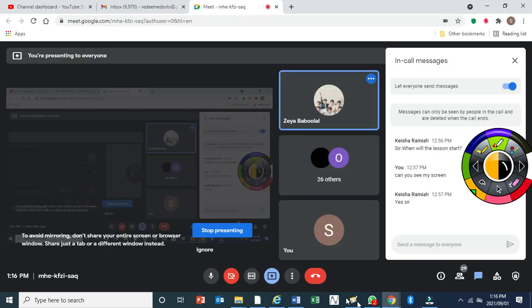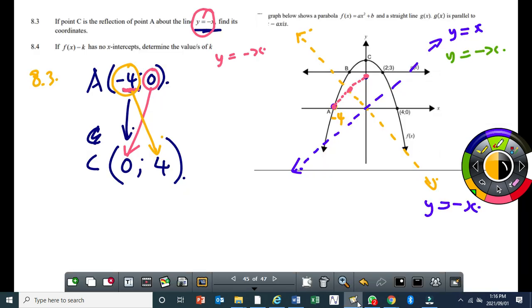All right. So our coordinate of x is 0, y equal to 4. Right? Then 8.4, if f of x minus k has no x-intercepts, determine the values of k. Now, this question is a higher order question.